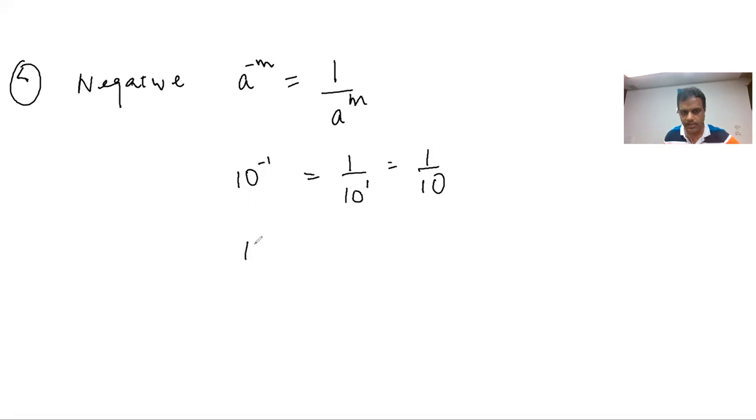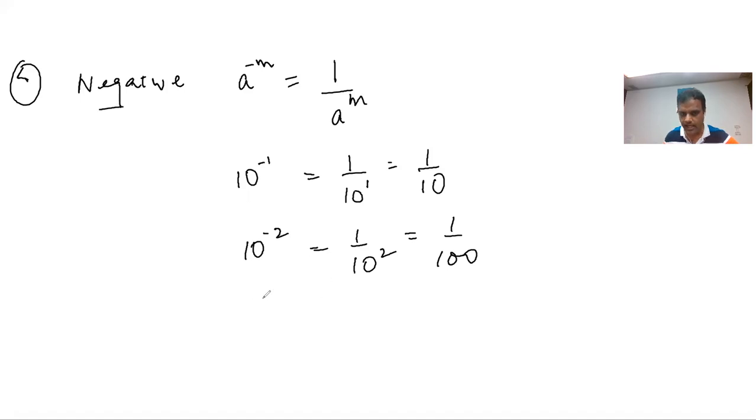Let me take another example. 10 to the power minus 2 is equal to 1 upon 10 square, which is nothing but 1 upon 100. Which means the number is getting smaller and smaller. The higher the negative exponent, the number is getting smaller and smaller. That is how the negative exponent has a meaning.